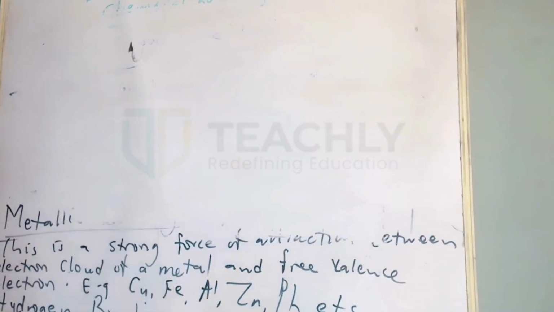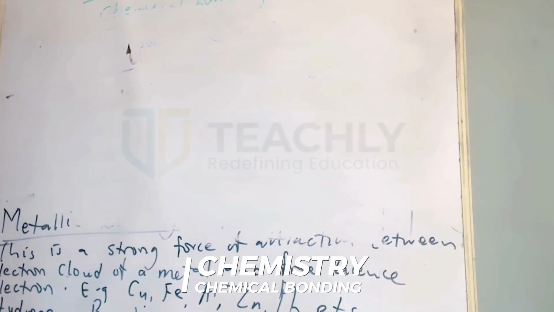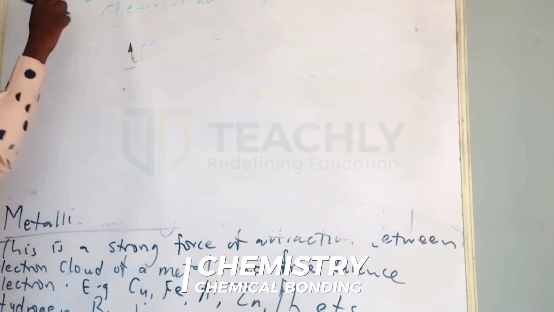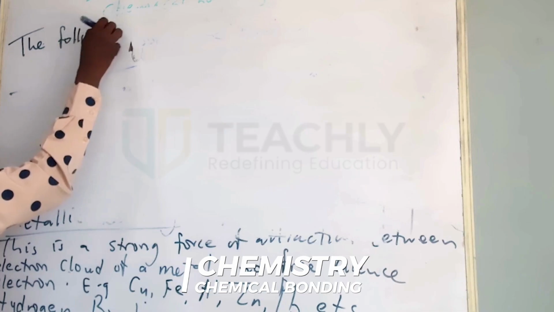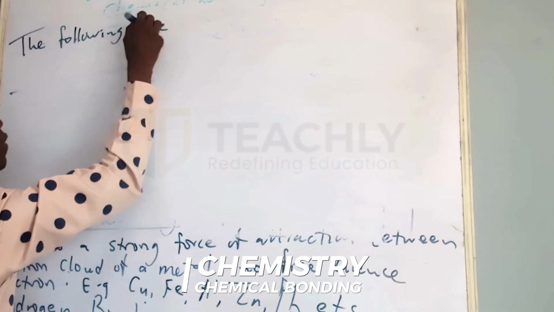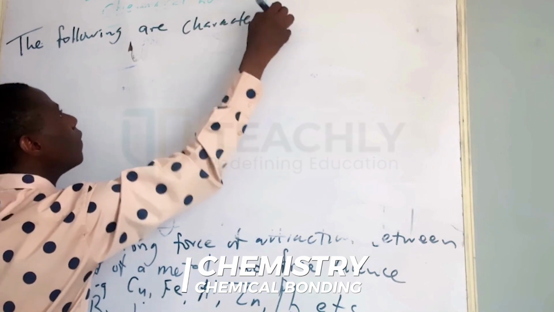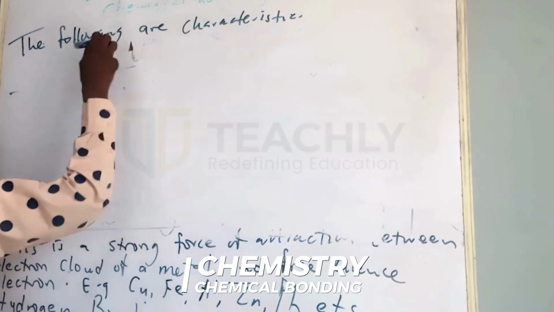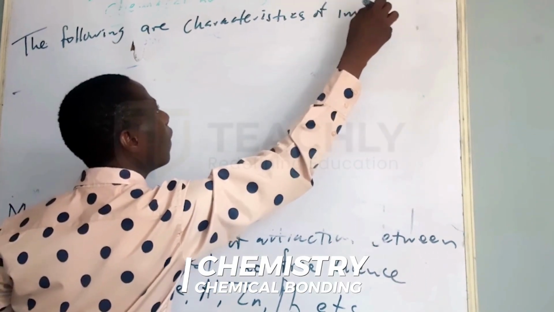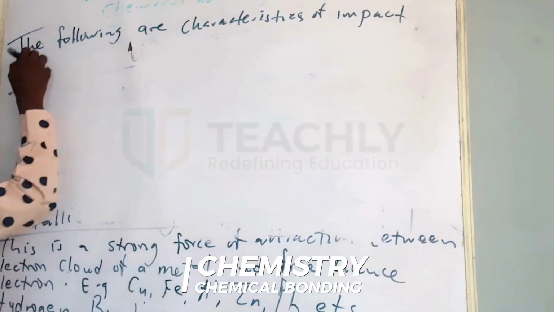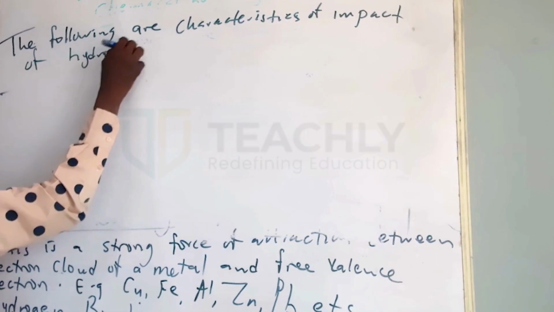Here we have the following characteristics of hydrogen bonding. What are the characteristics of hydrogen bonding?